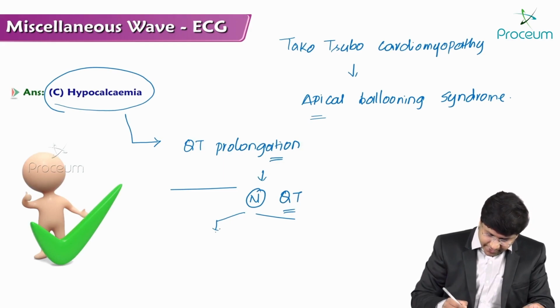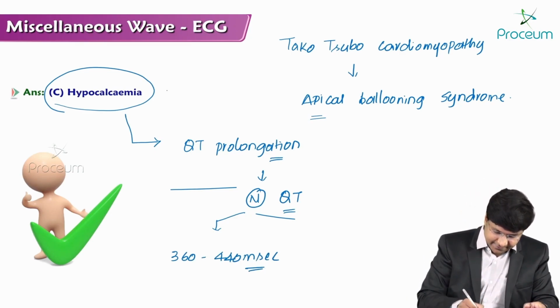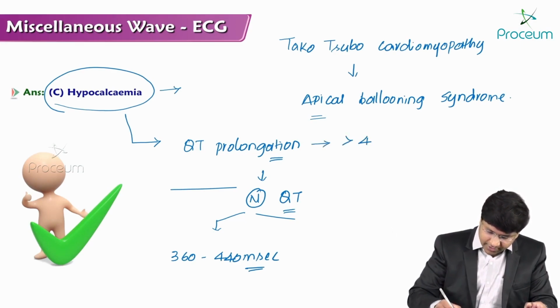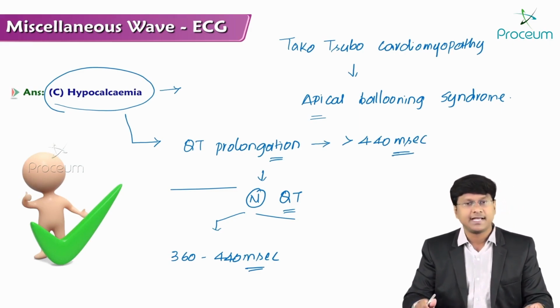The normal QT interval is around 360 to 440 milliseconds. But in patients with hypocalcemia, the QT prolongation will be there. It will be more than 440 milliseconds. That is what you will have in patients with hypocalcemia.